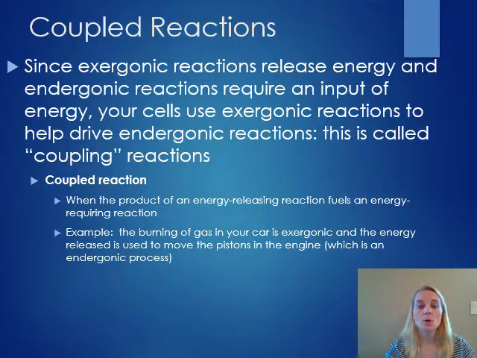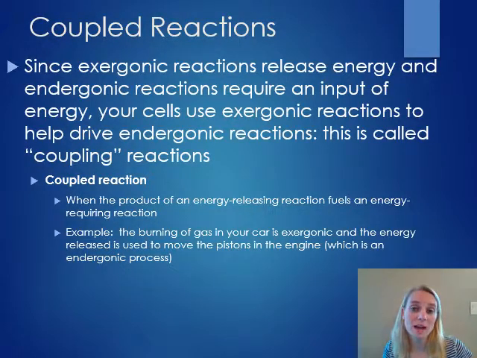Okay, so in our body, in our cells, we have a whole bunch of exergonic and endergonic reactions happening all over the place. But what's nice about our cells is we are pretty efficient. If we have a reaction that's going to be exergonic, so we go from the reactants through the reaction to the products, and it's going to be giving off energy, we just don't let all of that energy go to waste.